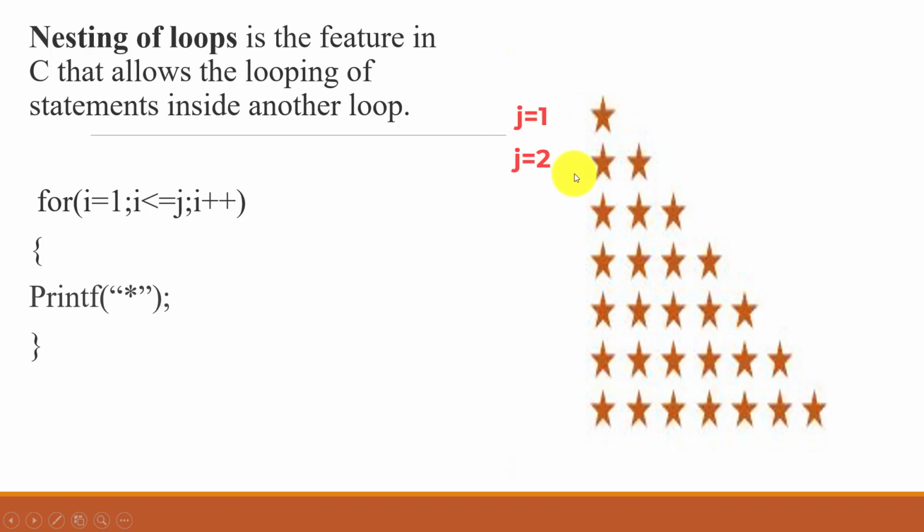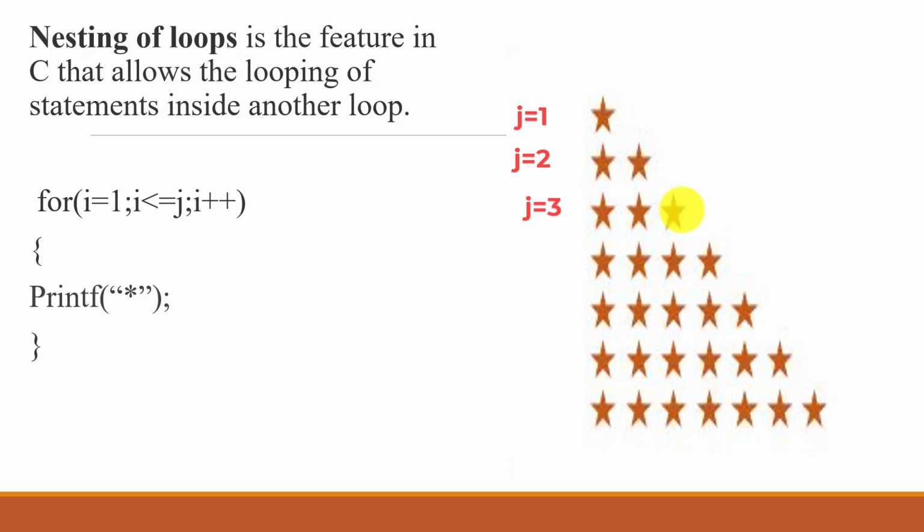At the second line j becomes 2, so I is going to print 2 stars. If j is 3, then I is going to print 3 stars. That is, if j is 1, it will print only one single star. If j is equal to 2, that is the second line, the inner loop with I runs 2 times. And if j is 3, I runs 3 times.